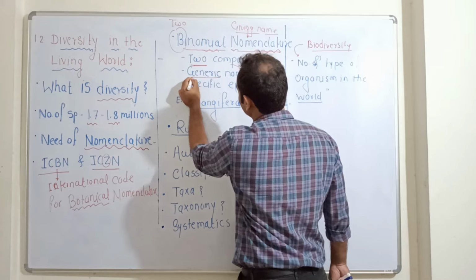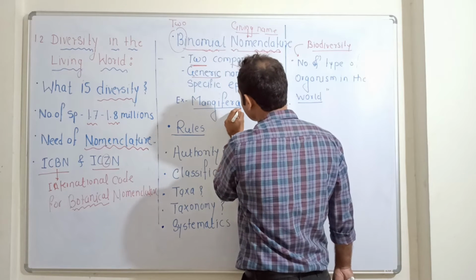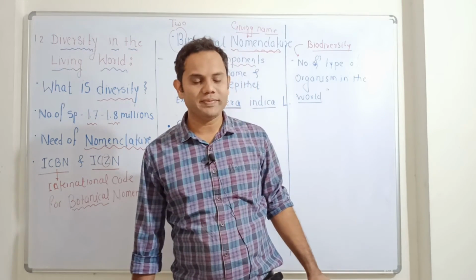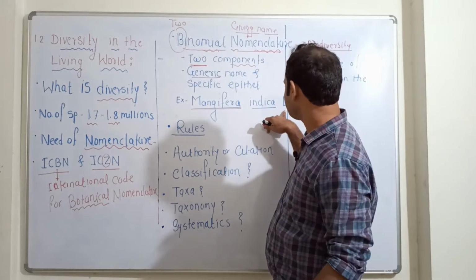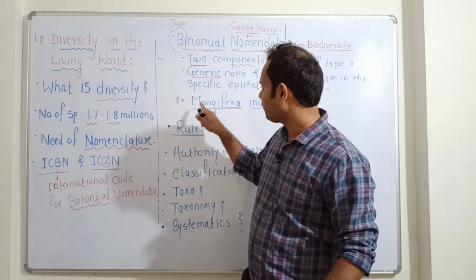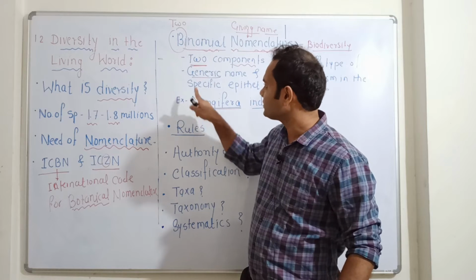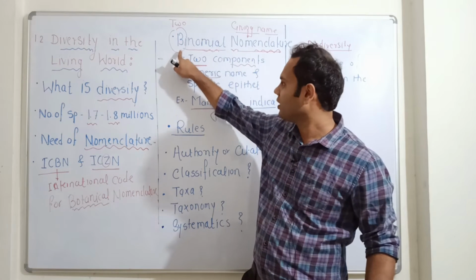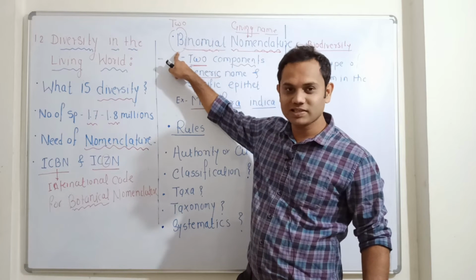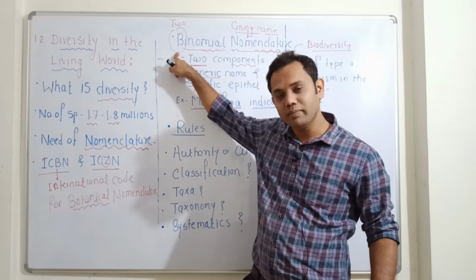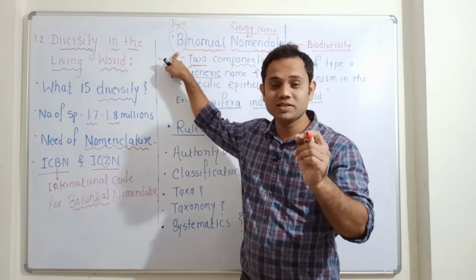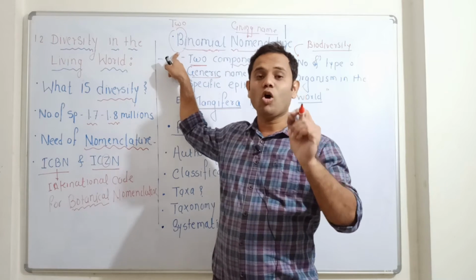Here I have taken the example of mango: Mangifera indica L. That L I will tell you later. But to understand what binomial nomenclature is, bi means two, nomial means name. So it is a system of giving a unique name to the organisms, which is the same all over the world.